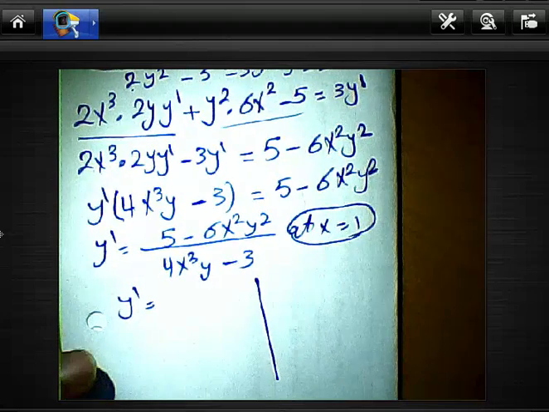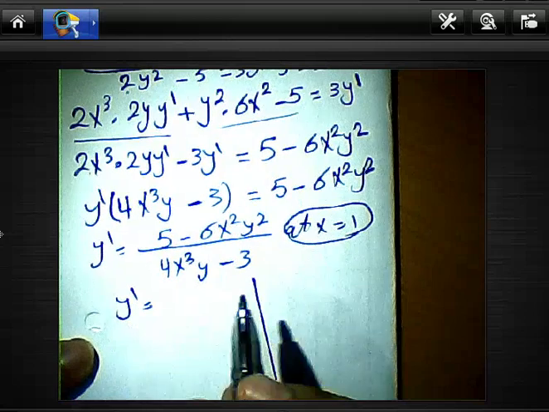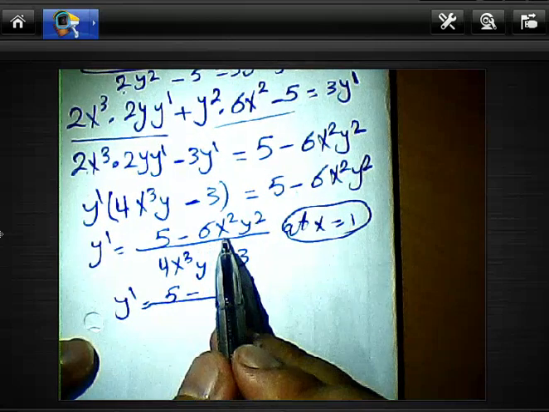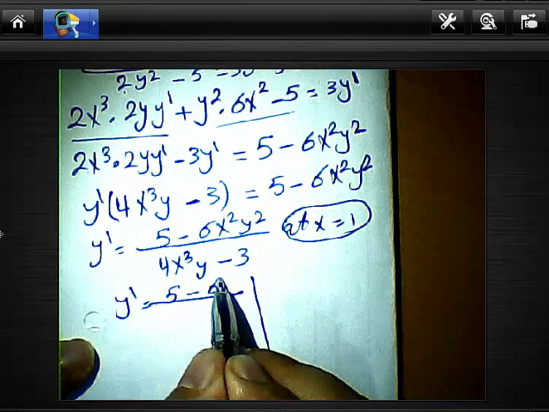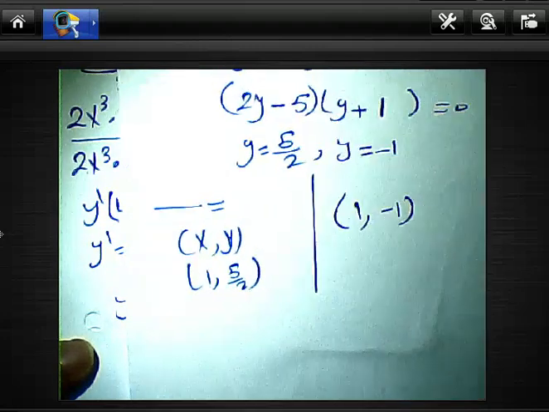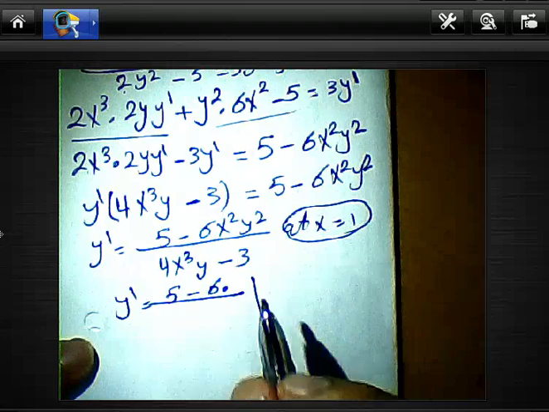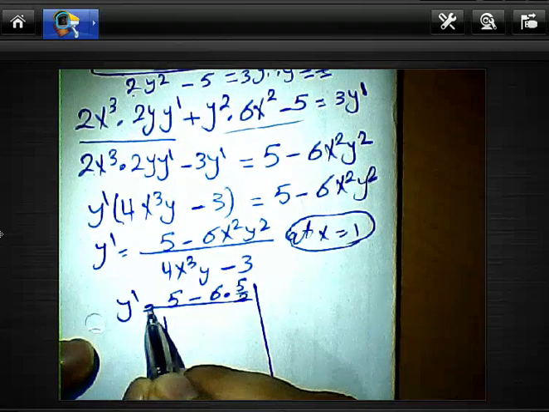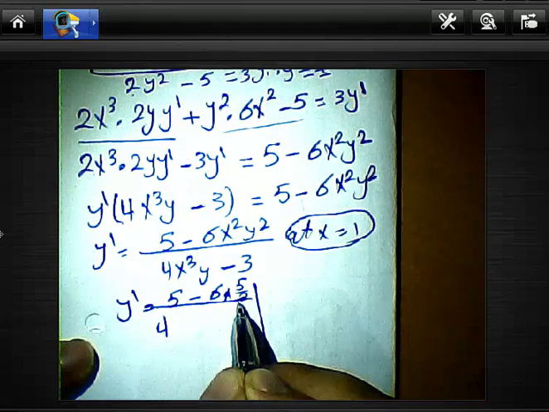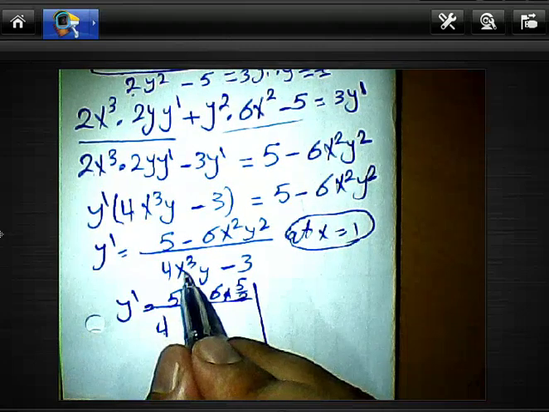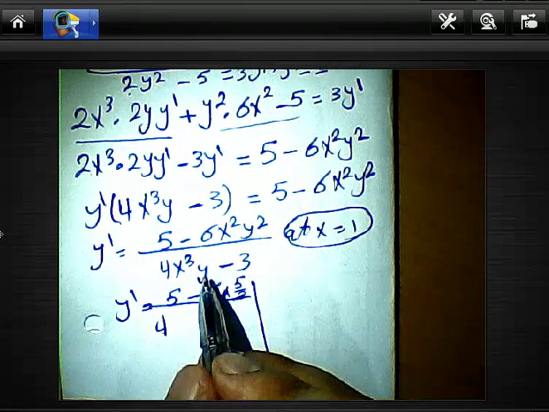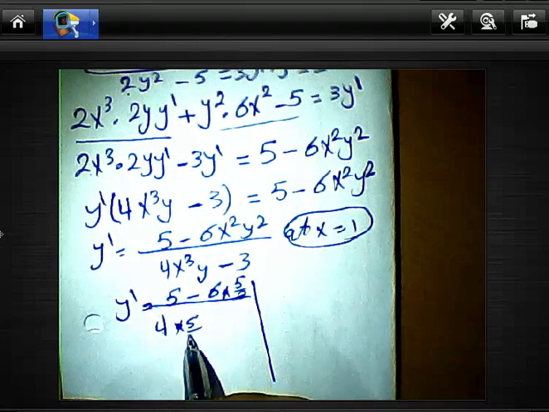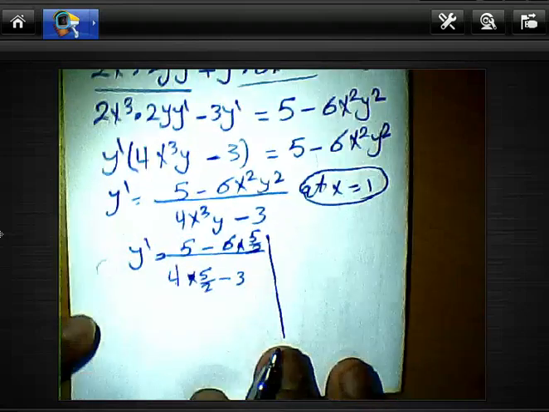So y' equals 5 - 6 multiplied by 1 times (5 over 2)^2, over 4 multiplied by x^3 equals 1, multiplied by y equals 5 over 2, minus 3.